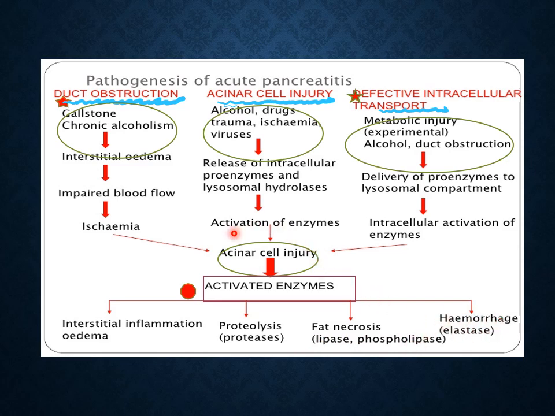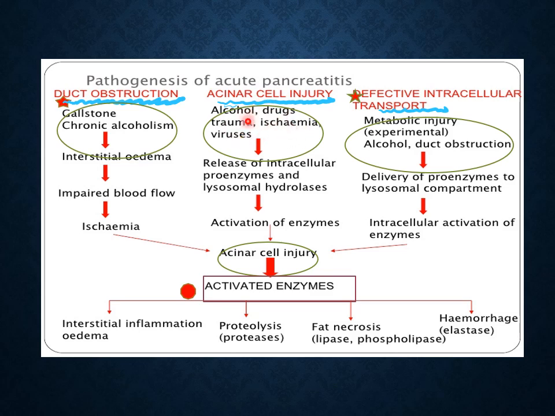What causes this acinar injury? A number of factors can contribute to it. One is direct injury of these acinar cells, such as by alcohol, drugs, trauma, and ischemia, in patients with generalized ischemia and certain viruses, which I mentioned earlier.